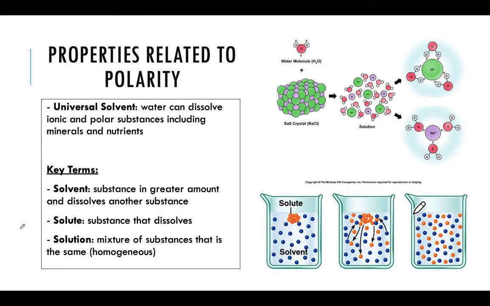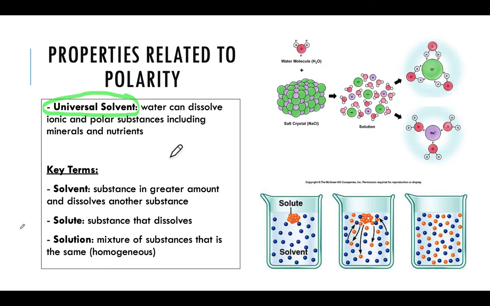So when we look at some of the properties that are related to this polarity, we have to look at the ability of water to dissolve other substances. We call water the universal solvent because it will pretty much dissolve any other ionic or polar substance, including minerals and nutrients.